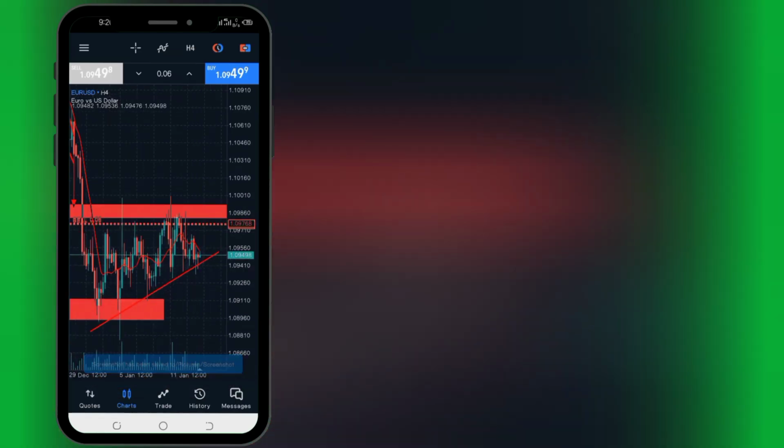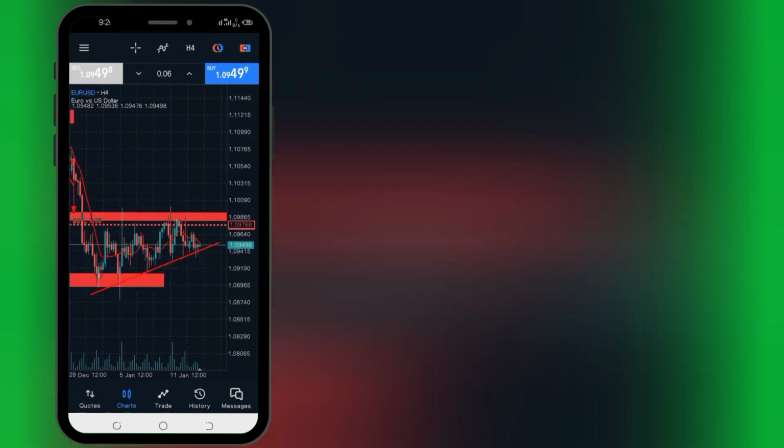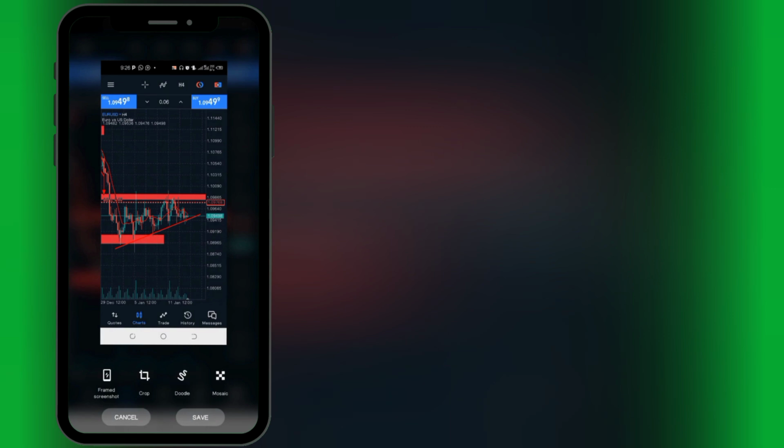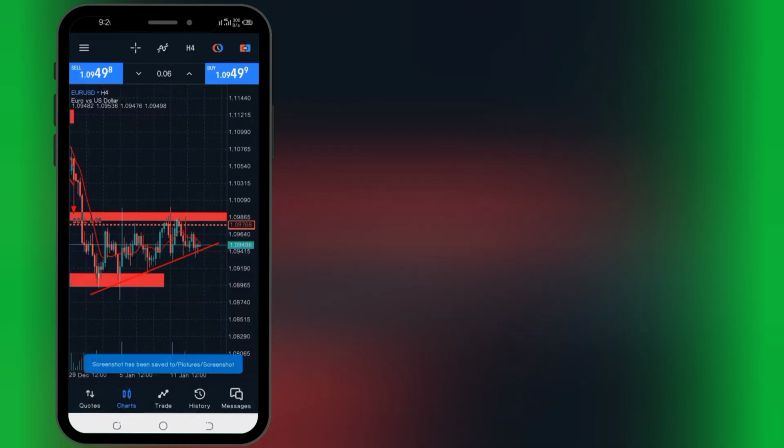I so much believe Forex is a game of probability, but as you can see right here, the market has not broken out of my moving average. The market is still stuck. There is bearish momentum in the market.